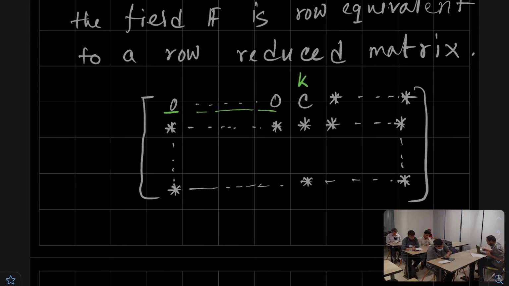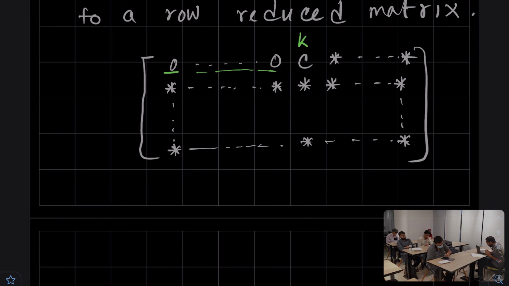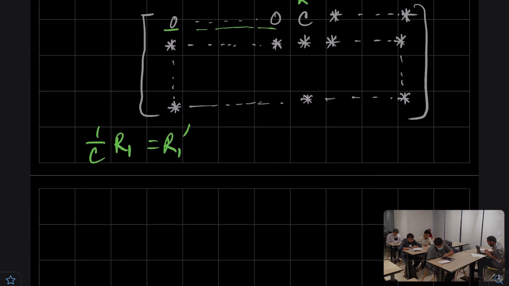If I take the elementary row operation of the first type with 1 over C, R1 becomes R1 prime, then this will be 0, 0, 1, then star, star.